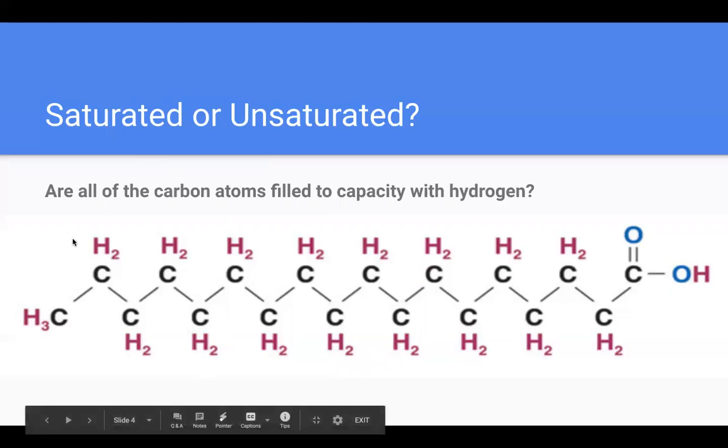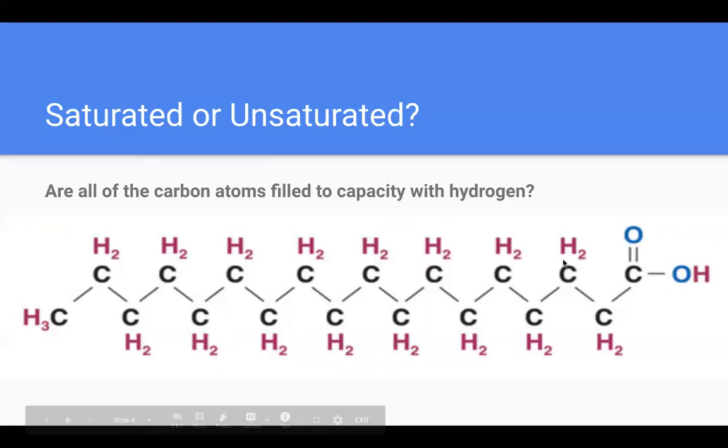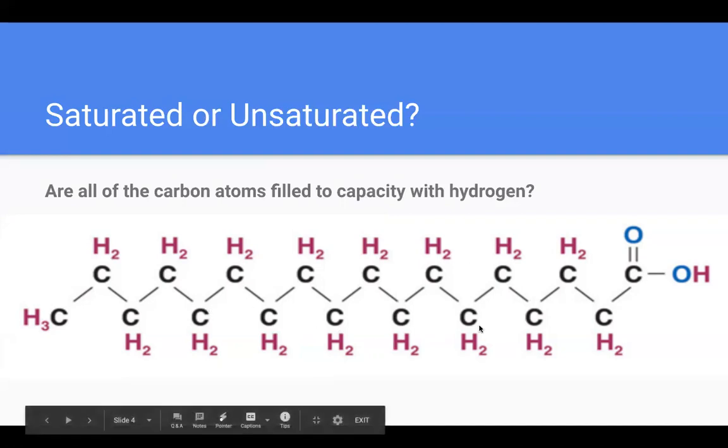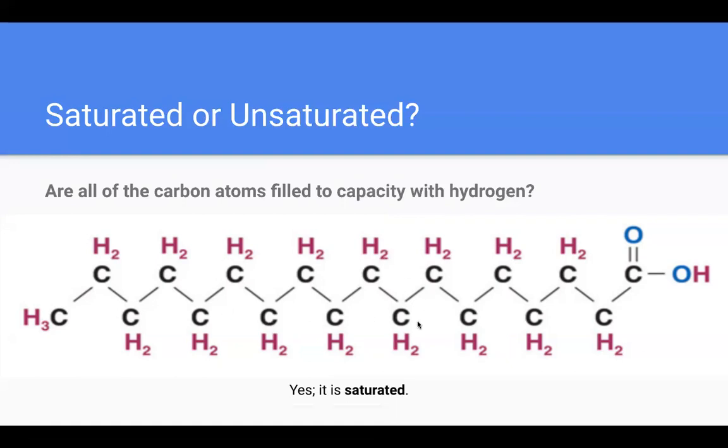We can see here, with exception to the carboxyl group, that all of the carbons are filled with hydrogen. In this case, then, we can say that yes, this fatty acid is saturated because they're all connected to hydrogen atoms.